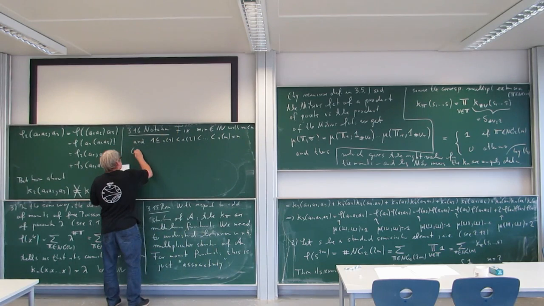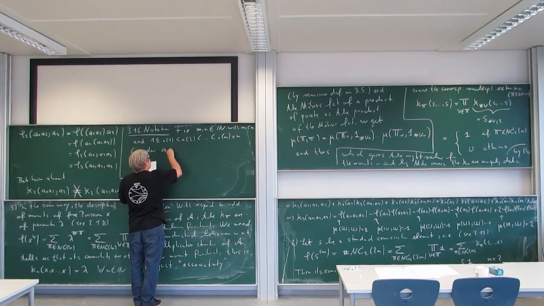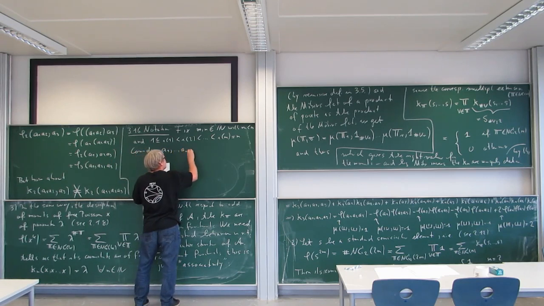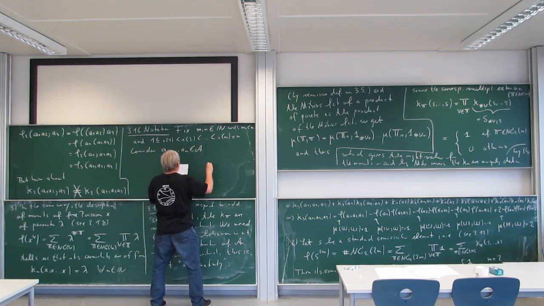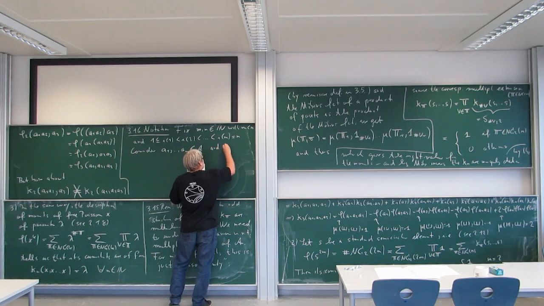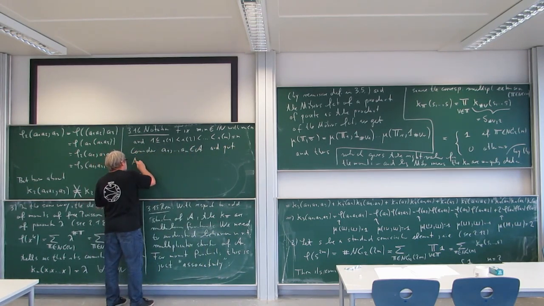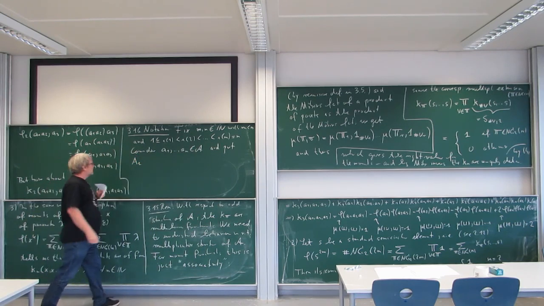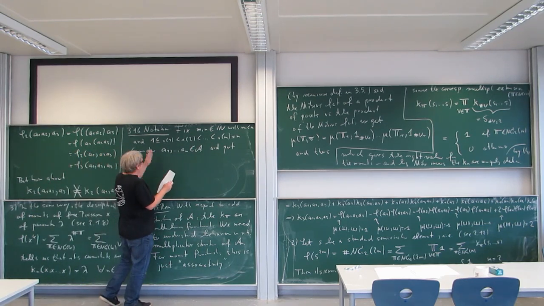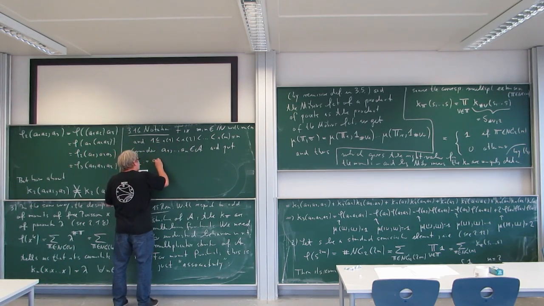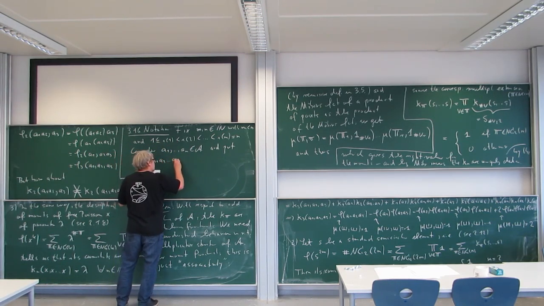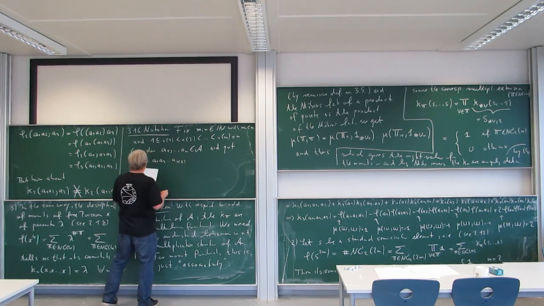Maybe this becomes clearer when I write down the variables. So I consider now n variables, a1 up to an, in my algebra, and I multiply some of them together. My products I denote by capital A's, so A1 is the product of the first i1 of those guys: I multiply a1, a2 up to a i1.